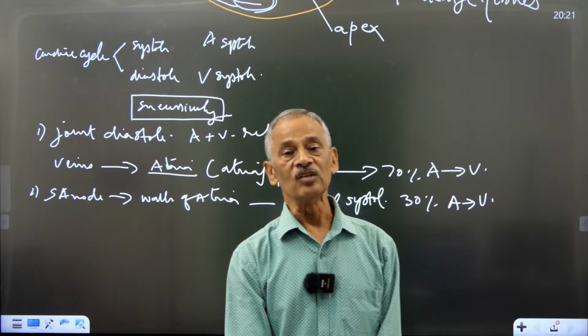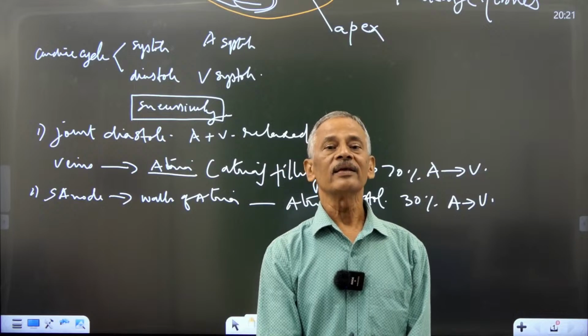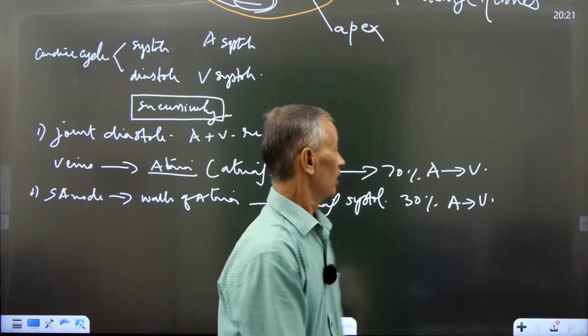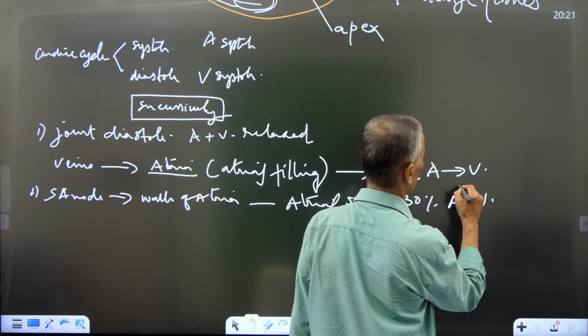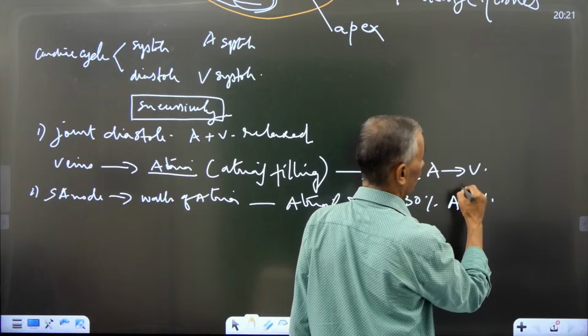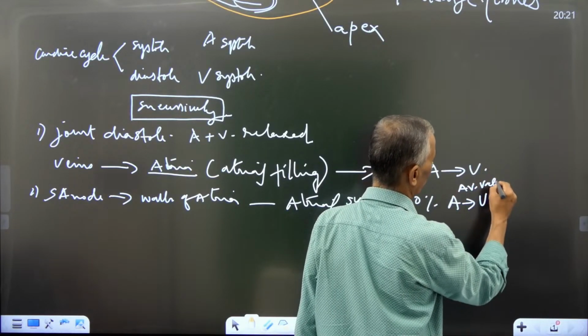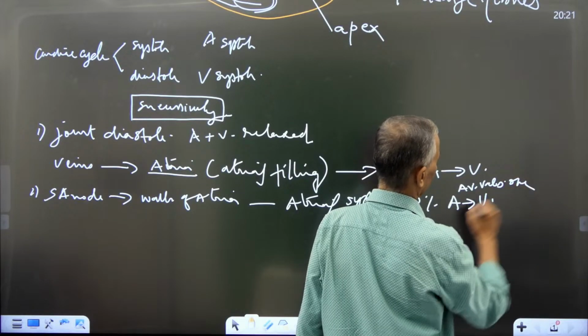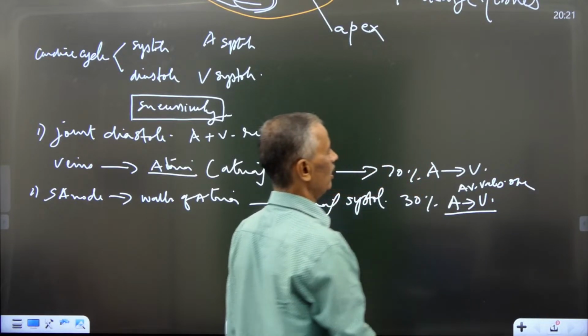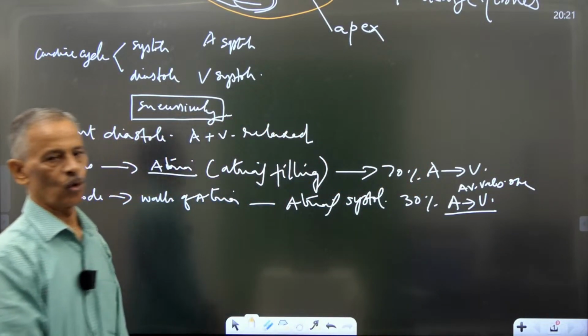The valve is forced open and through the valves, so it is the tricuspid and bicuspid AV valves, AV valves open and blood flows from atria to ventricles.